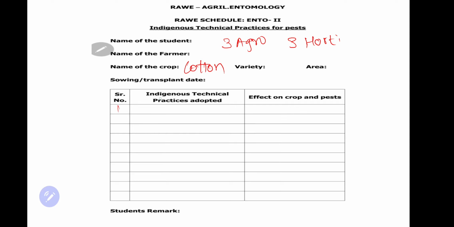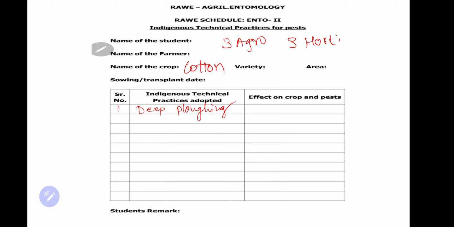Suppose he did a deep plowing. Then mention what effect the deep plowing has on the crop: the hibernating stages of some pests like Helicoverpa armigera, spotted bollworm, then Spodoptera litura, the pupae or hibernating stages of all these insects get exposed to the sun.